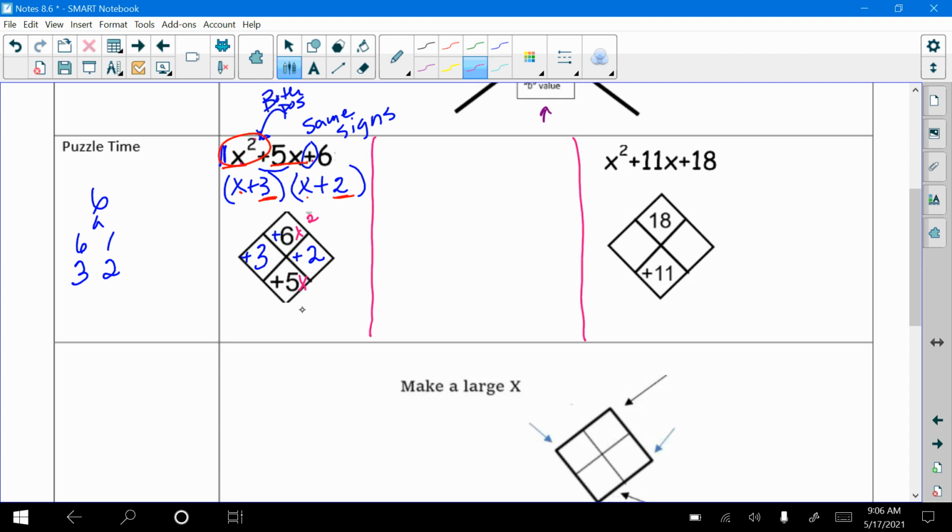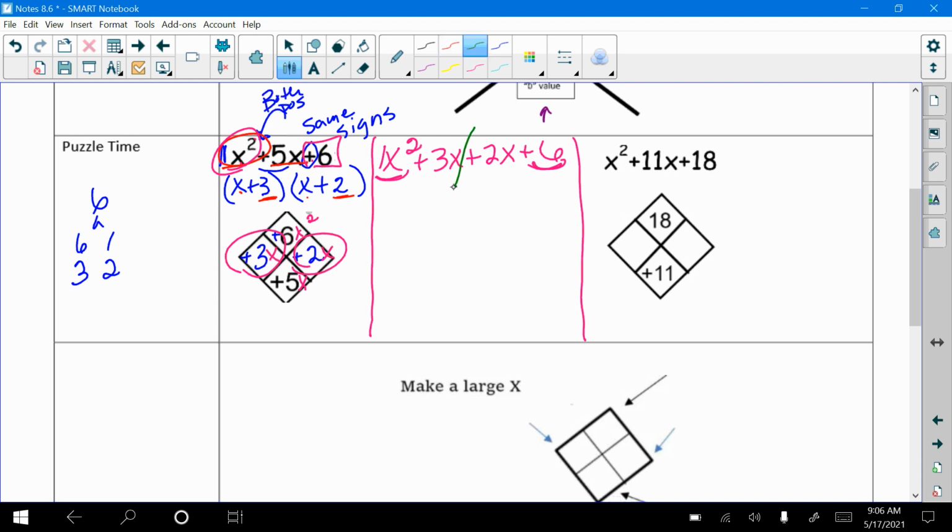And then I would bring down the first term, which is x squared, or 1x squared. And then these two terms are actually 3x and 2x, so plus 3x plus 2x, and then plus 6. The a stays the same and the c stays the same, but the middle breaks up into 2 pieces.